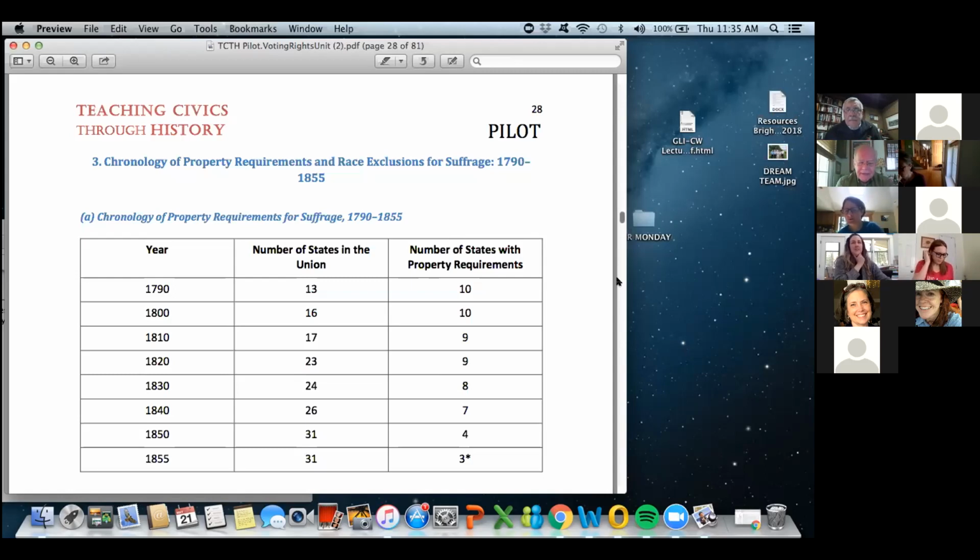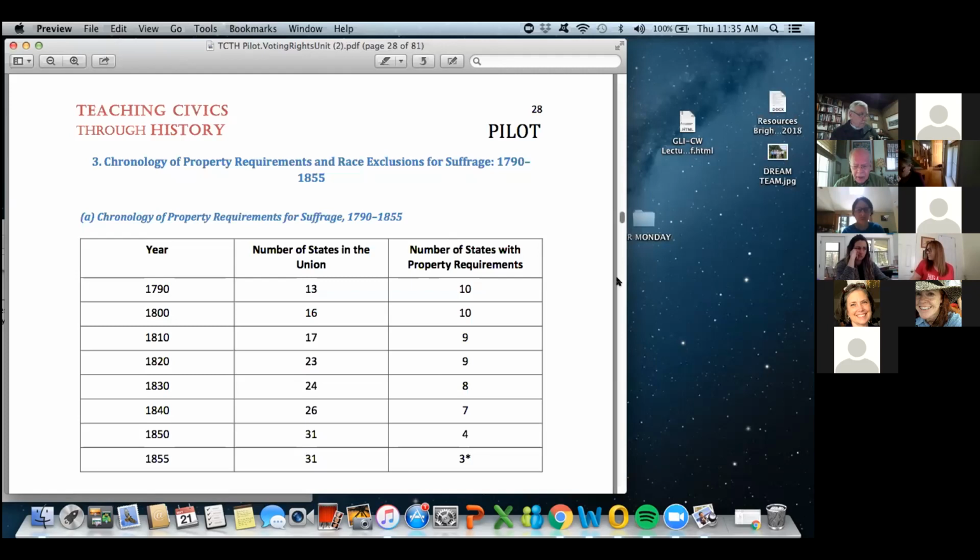You can ask students, what story is being told by this chart with regard to property requirements in order to vote?